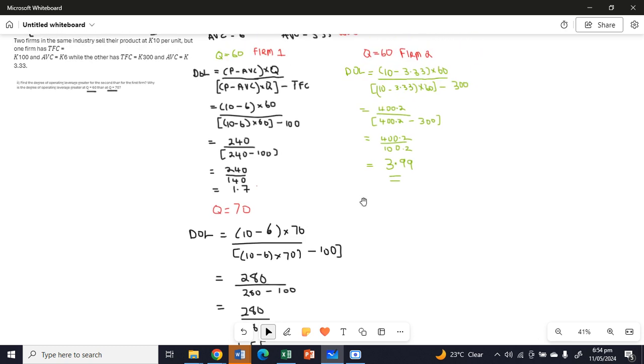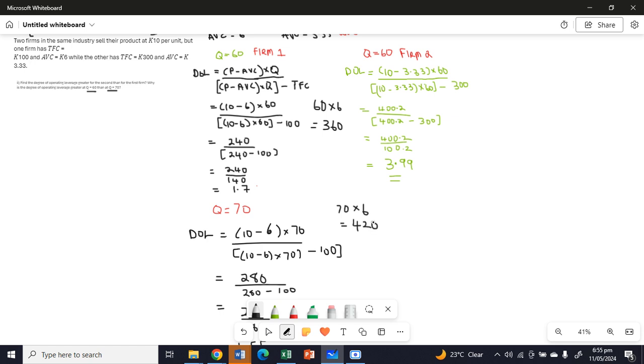So what's happening here is the variable costs. Remember, when we produce 60 units and multiply by our average variable cost per unit, 60 times 6, our variable costs were 360 kwacha. Now, when we increase quantity to 70 units, it is 70 times 6, which is 420.